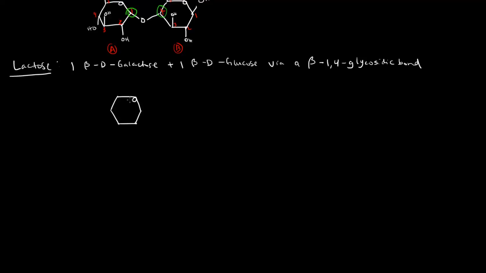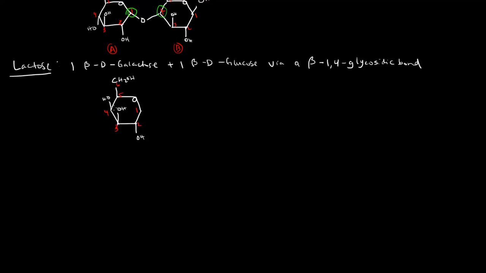So beta D galactose. D means it's going to have this going on up here, CH2OH, down, up, up for galactose. Let's number these carbons: 6, 5, 4, 3, 2, and 1.